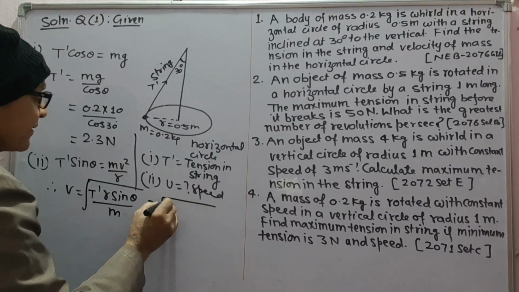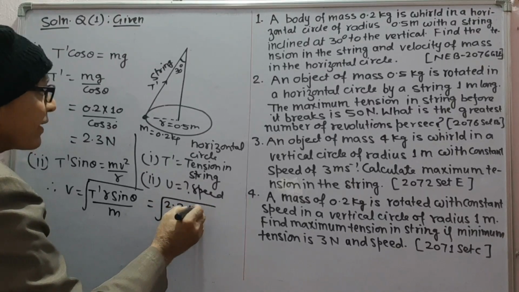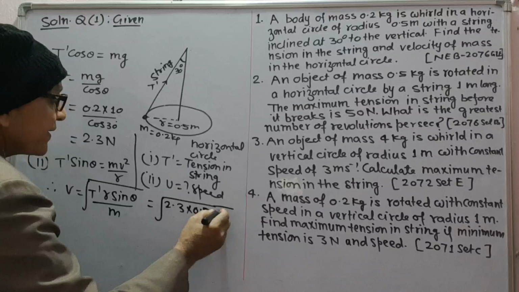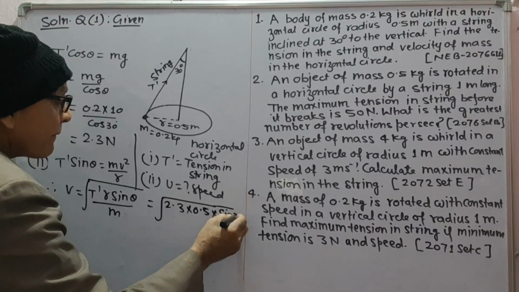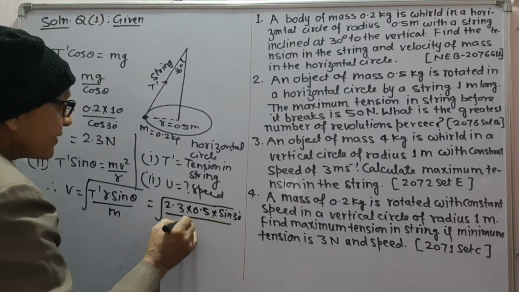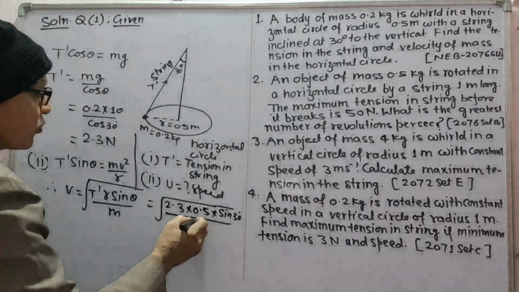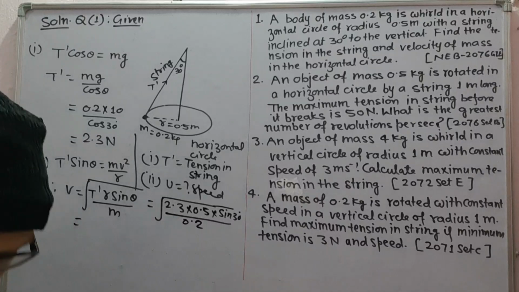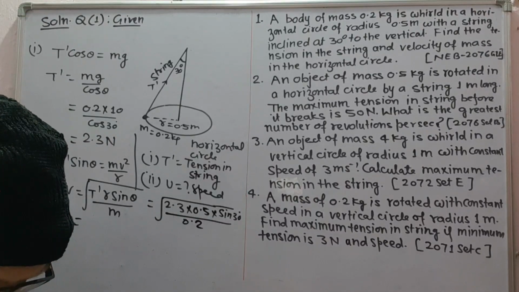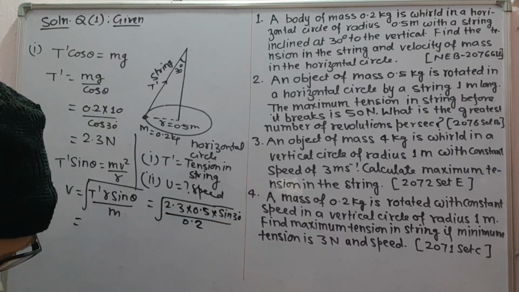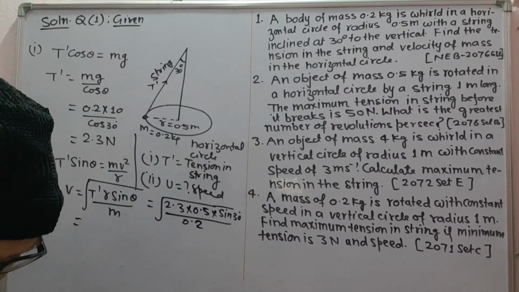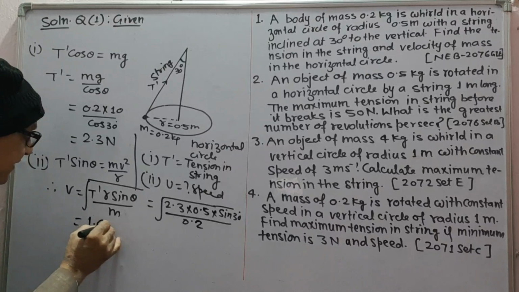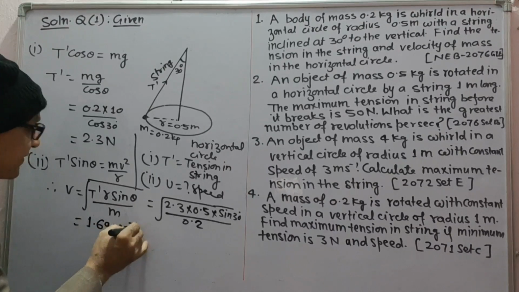T dash is 2.3, r is 0.5 into sin 30 upon m is 0.2, which gives v as 1.69 meter per second.